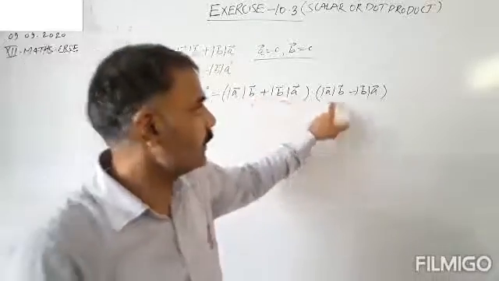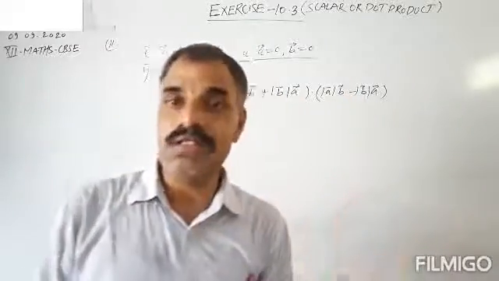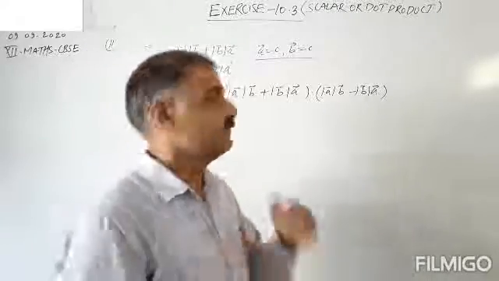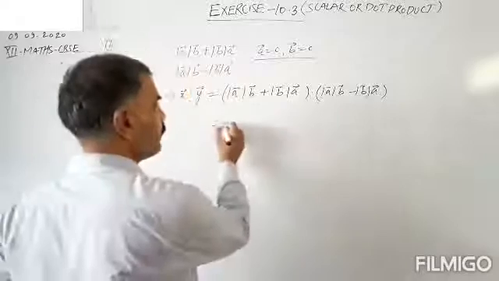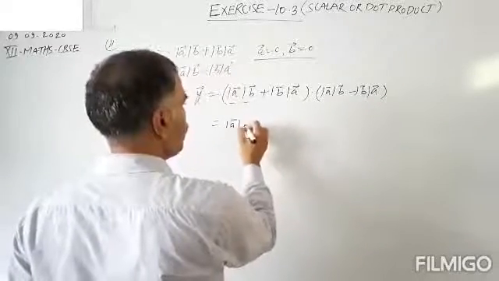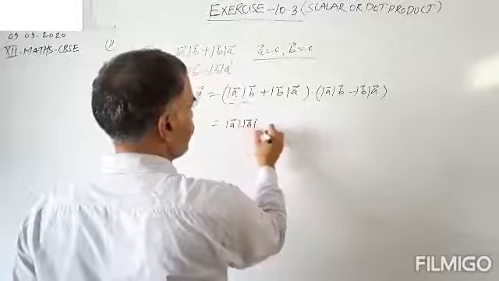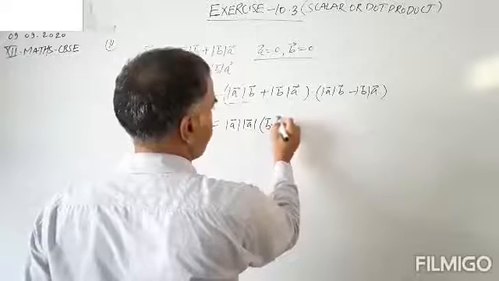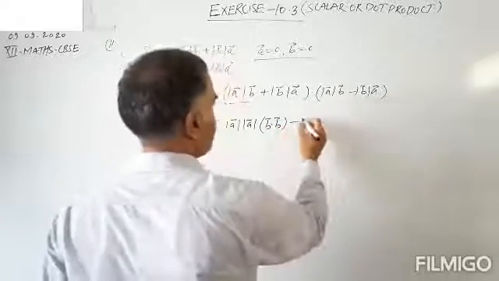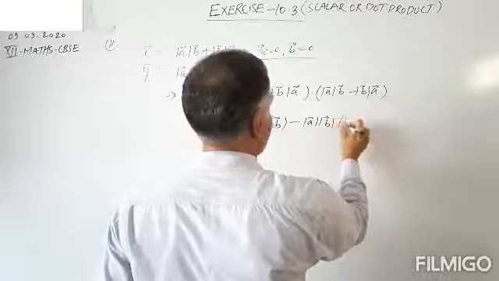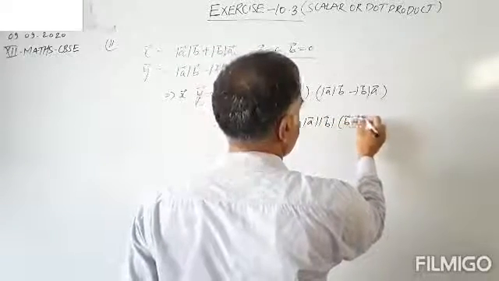So the multiplication is equal to: magnitude a vector and b vector dot b vector, minus magnitude a vector, magnitude b vector and b vector dot a vector.